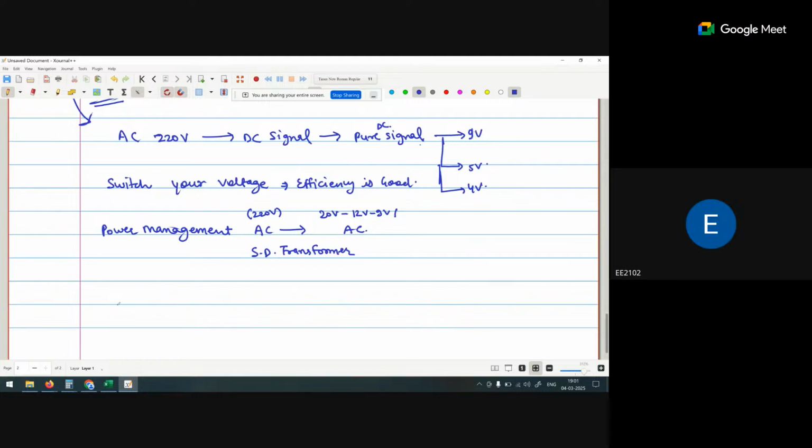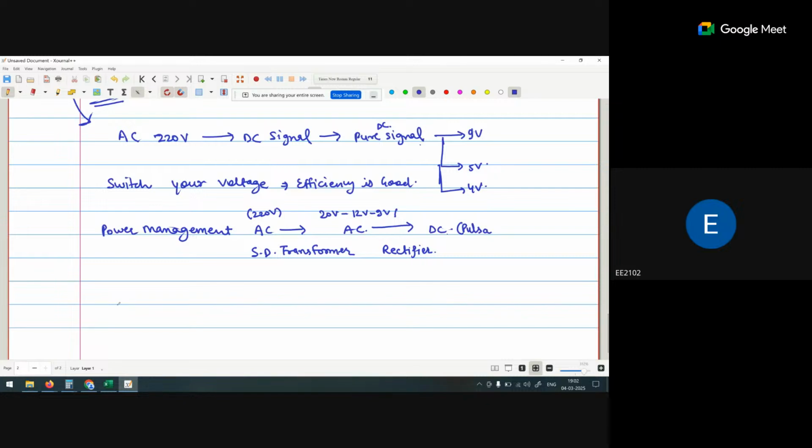Second, this AC voltage will be converted into DC voltage. For this we require a rectifier. But this particular DC is the pulsating DC.